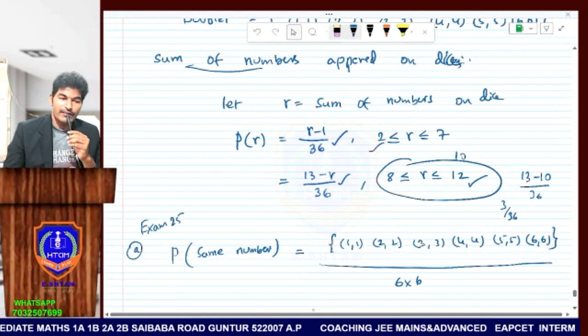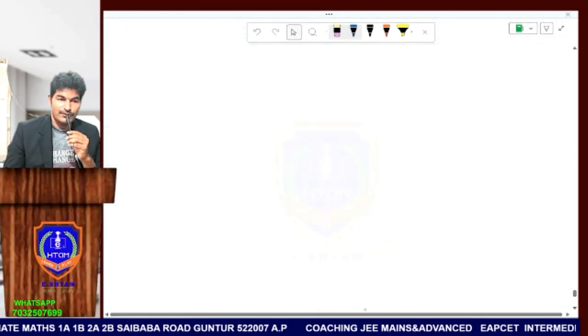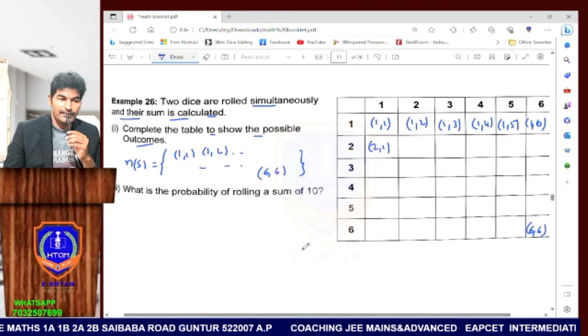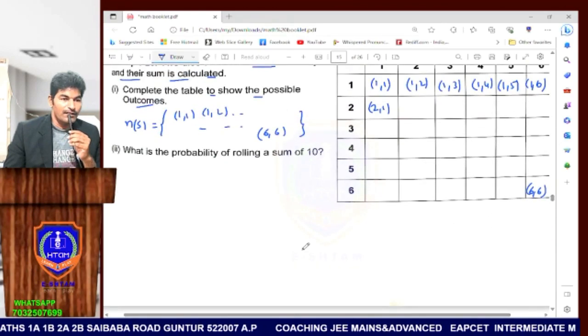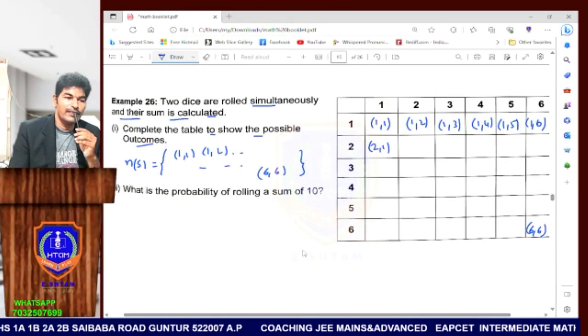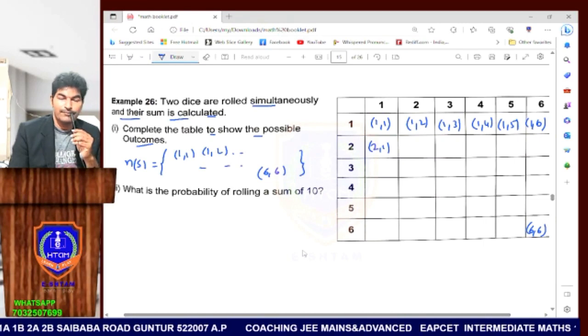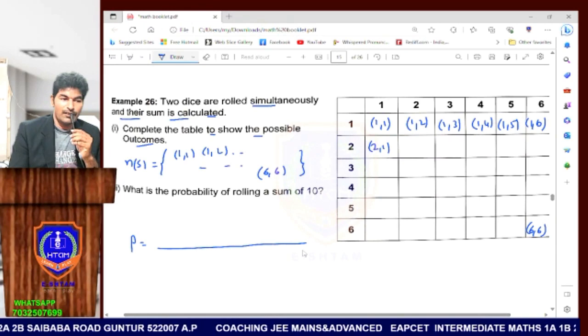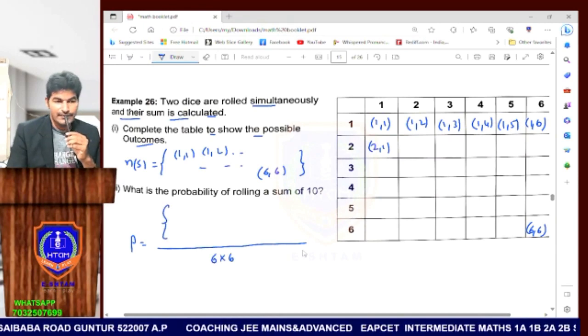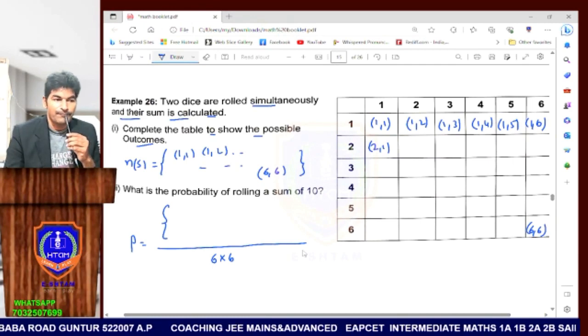Now we will do the same question this other way. Tell me how many outcomes give a sum of 10. The probability P equals, in the denominator, 6 into 6. Tell me the events showing sum 10.